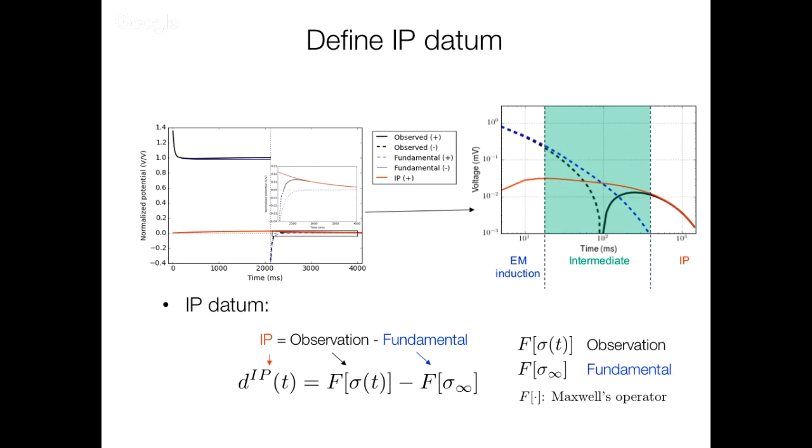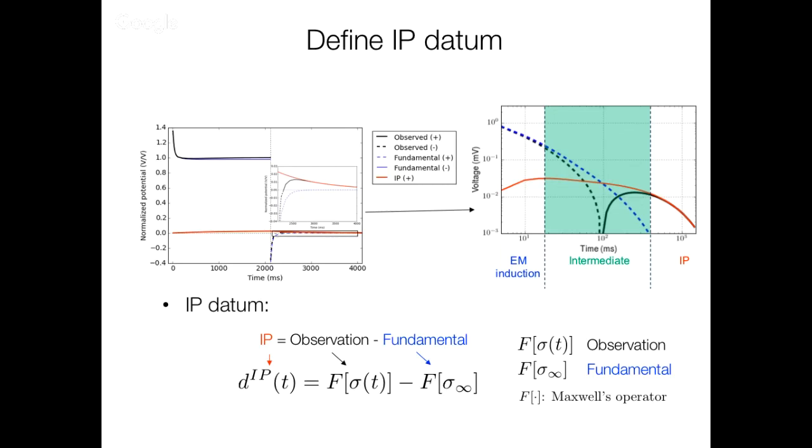Sorry, I should have said this more clearly. The red line is the difference between the measured and the fundamental. So it's this distance here. That gives you an IP response that's always positive. But in the first part of this curve, the IP is very small compared to the EM inductive part, a couple of orders of magnitude different. At very late time, the EM induction has disappeared, and you're just left with a signal coming from the IP.